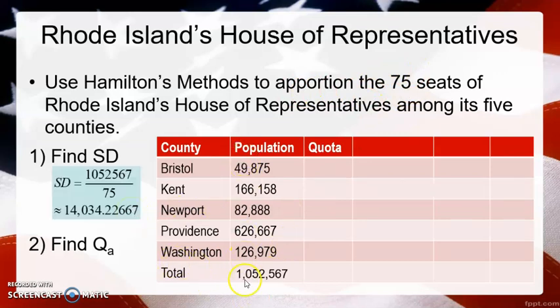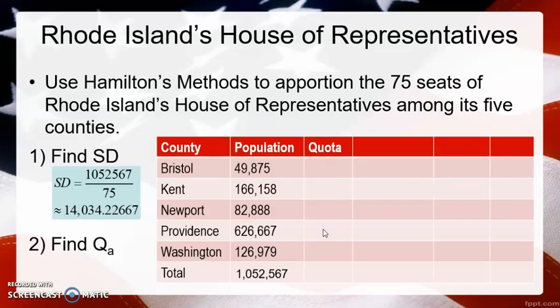We add together the populations and find 1,052,567, divide that by the 75 seats, and we get a standard divisor of approximately 14,034.2267.